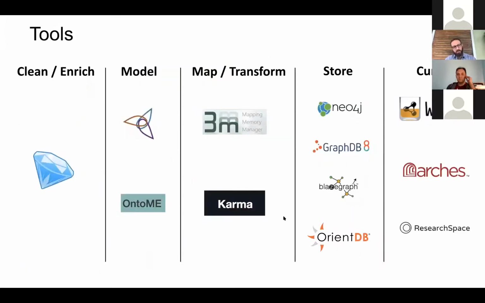I don't have time to talk about this. I'll just say, because I promised I would mention it, talking about digital native CIDOC CRM data: if you're excited about creating data that would be born semantic and born compatible with CIDOC CRM or another ontology standard, then there are these 3 projects that I can refer to, the Whiskey Project, the Arches Project, and Research Space.